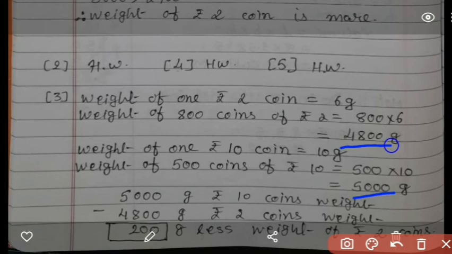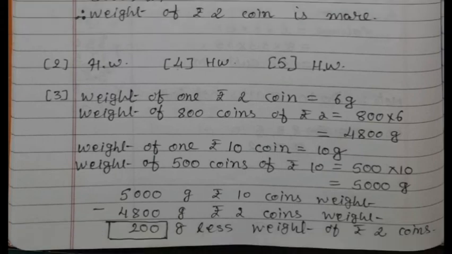So 5000 gram, the rupees 10 coins' weight, minus 4800 grams, the rupees 2 coins' weight. Subtract both, then we get the answer 200 grams less weight of rupees 2 coins. So the final answer is 200 gram less weight of rupees 2 coins.